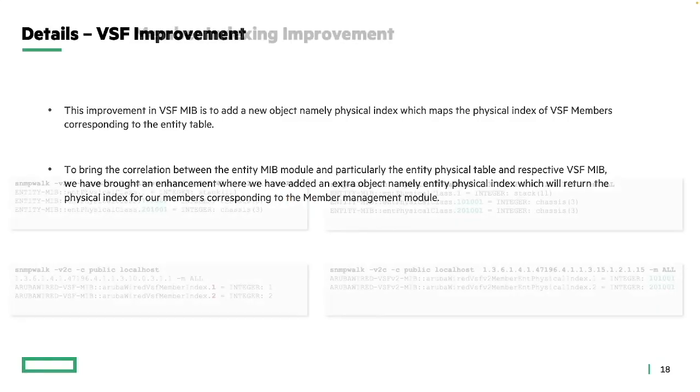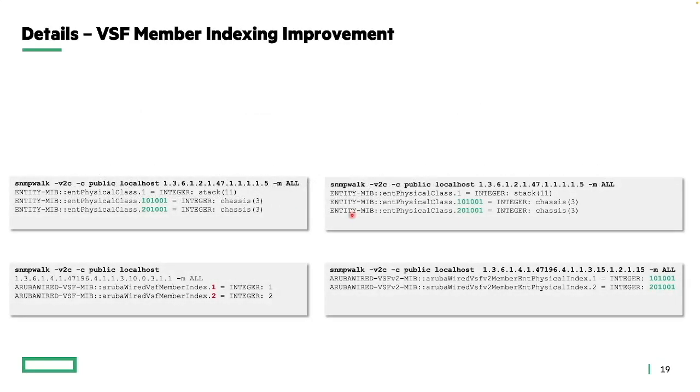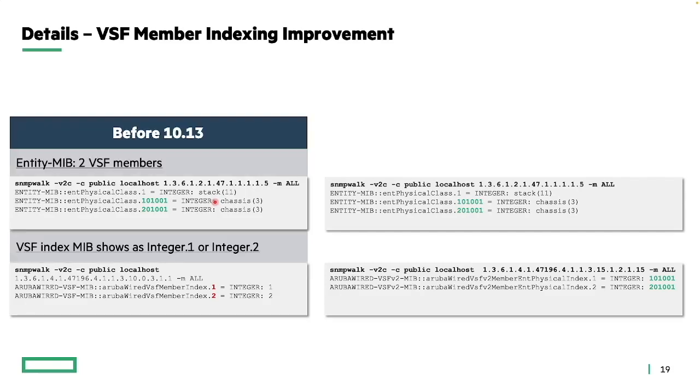What it means, right? You'll see, before 10.13 we had two MIBs: entity MIB and VSF index MIB, or VSF MIB. In entity MIB, let's say you're running two VSF members and you do an SNMP walk with this OID.